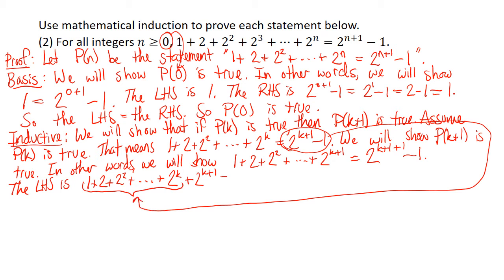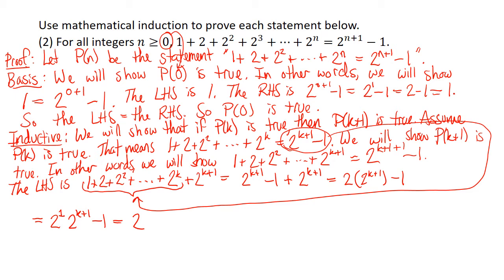All right, so this is going to become 2 to the k plus 1 minus 1 plus 2 to the k plus 1. Okay, now what can I do? Well, it looks like I have 2 copies of 2 to the k plus 1, so that's going to be 2 times 2 to the k plus 1 minus 1. Okay, and whenever I have 2 to an exponent times 2 to another exponent, I can write that as 2 to the 1 times 2 to the k plus 1, minus 1, and then I can add those exponents together.